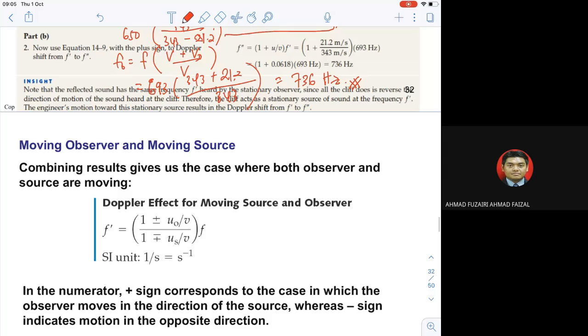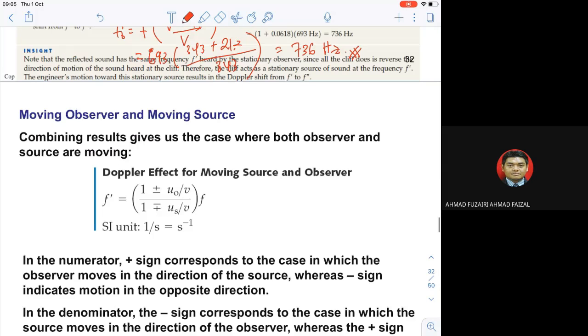So, moving observer and a moving source. How to do this one? To simplify the moving observer and moving source, we can use this equation: FO equals F times (V plus minus VO) over (V minus plus VS). Simple. Don't look at this other one, it is quite complicated.